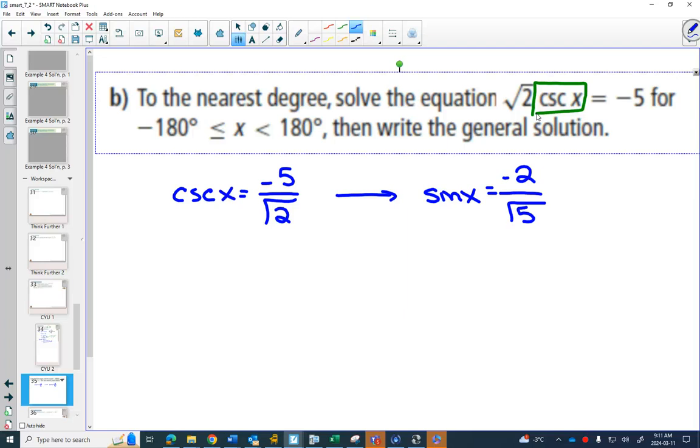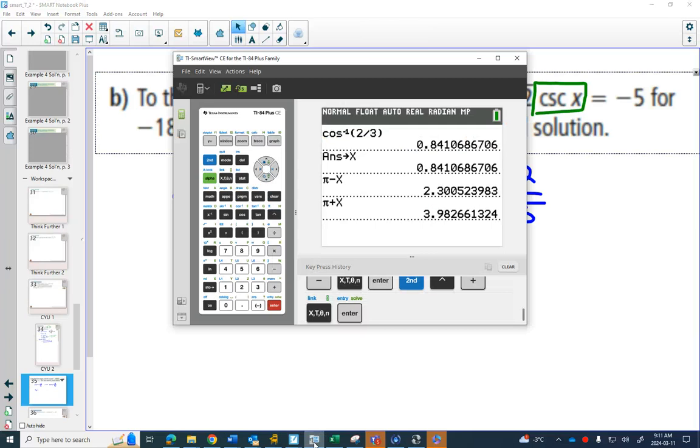Why is that nice? Because we can use our calculator. Obviously, -2 over root 5 isn't on our unit circle. So we find our reference angle by going through our calculator. Once again, reference angles are always positive, so I'll go sine inverse of 2 divided by the square root of 5.